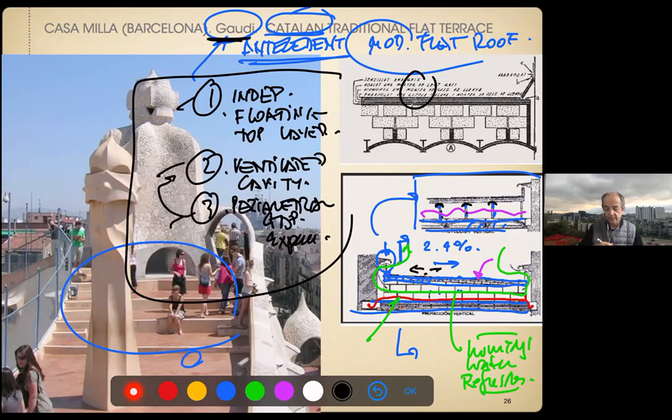So the filtering of the water, this is why the slope is stronger than usual. So the water will run and will not have time. So they have some drainage points, right? But this is where you have a final collection in that area and some ventilation. So the few drops that may filter will evaporate and will be retained by this final layer in the bottom.